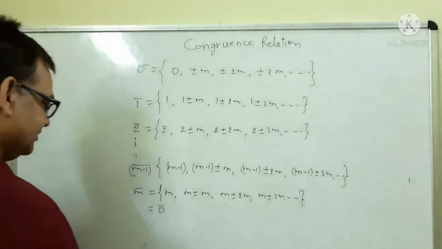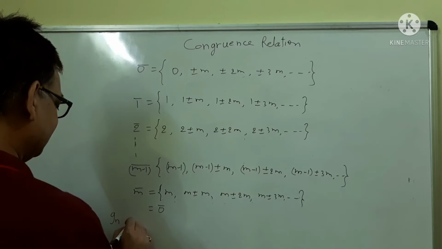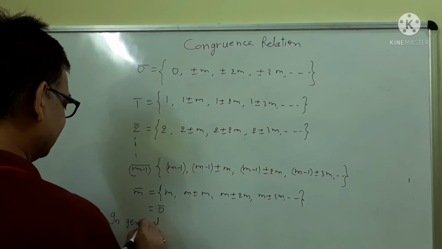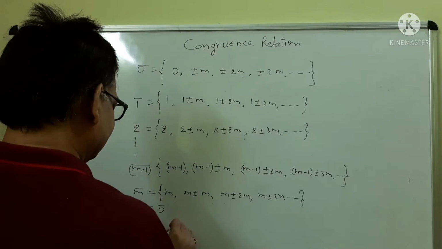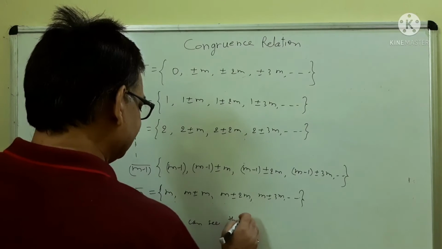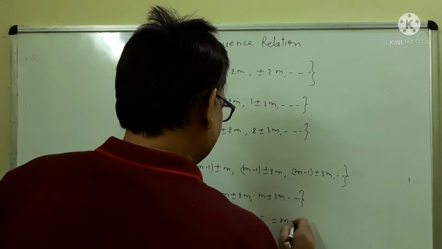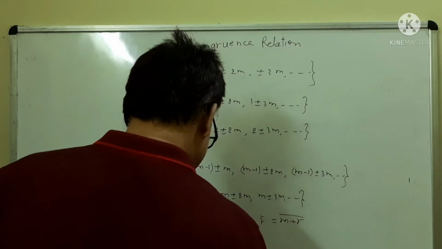In general, we can see that r bar is equal to m plus r bar.